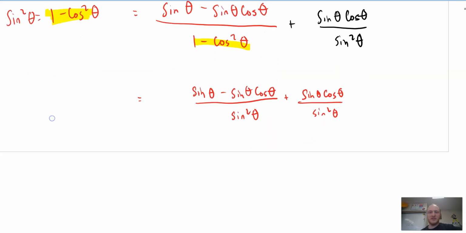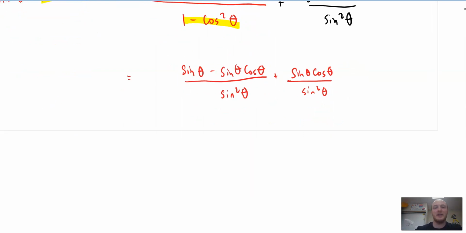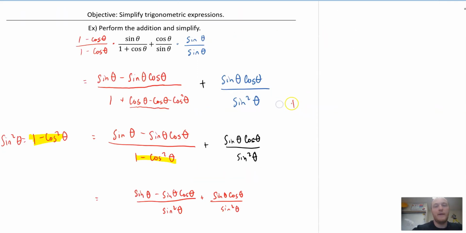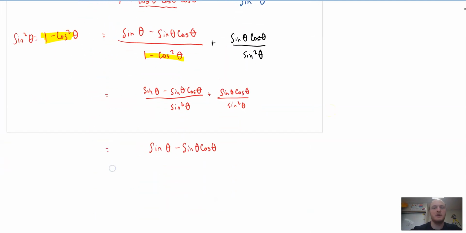And what I hope you see is that they have the same denominator, so I can rewrite this. This now becomes sine theta minus sine theta cosine theta plus sine theta cosine theta, all over sine squared theta.